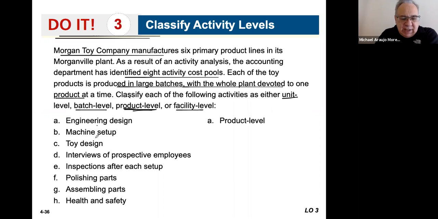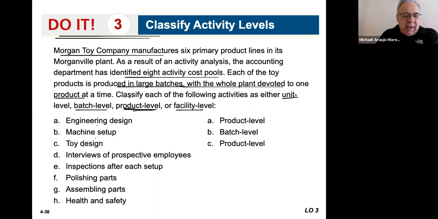Setting up the machines to get certain things done, right? This basically becomes part of a batch level, right? Every time they go ahead and produce a batch, they have to set up all these machines to get that done, batch level. The design of a toy happens early on, and it's part of the product itself, so it's a product level activity.